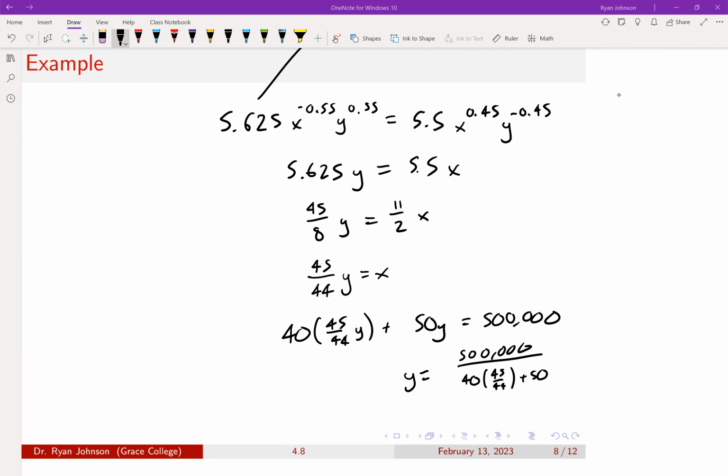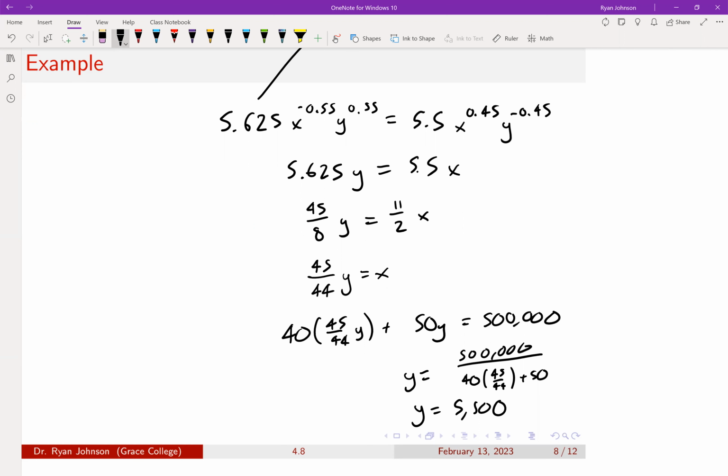All right. So then, getting out our handy dandy calculator, 500,000 divided by, in parentheses, 40 times 45 divided by 44 plus 50. Y is 5,500. Wait, I think I read that wrong. Yes, I did. 5,500. Okay.